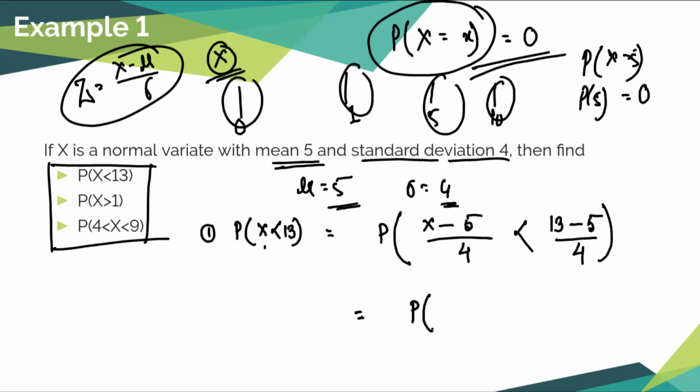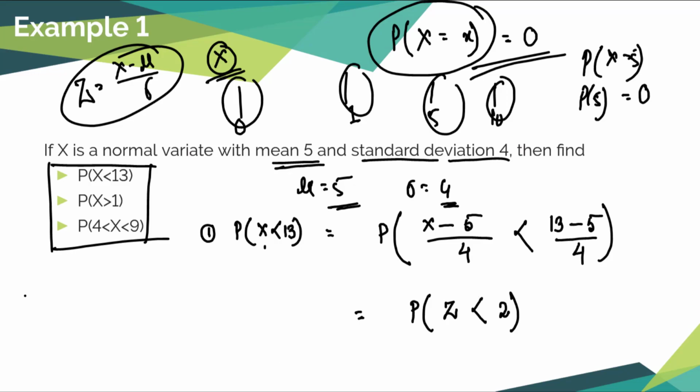So this is equal to probability of x minus 5 by 4 is the transformation, so we will write it as Z. Less than 13 minus 5 is 8, divided by 4 will be 2. So basically we started with x less than 13, we arrived at probability of Z less than 2, right?